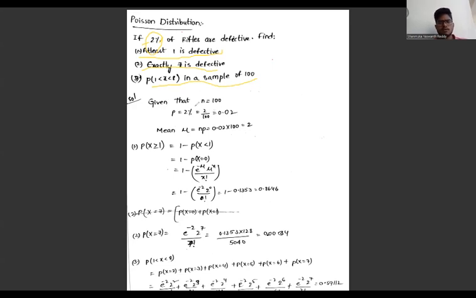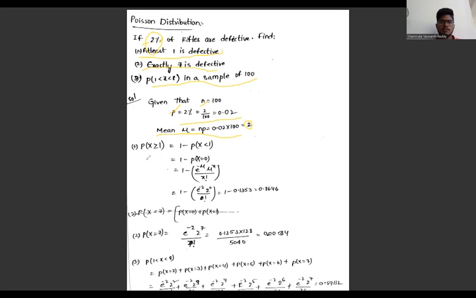Given that n is 100, the chance of success is denoted by small p, and it is 2 by 100, which is 0.02. In every Poisson distribution calculation, we need the mean value. So the mean is calculated like this, and we get the mean as 2.